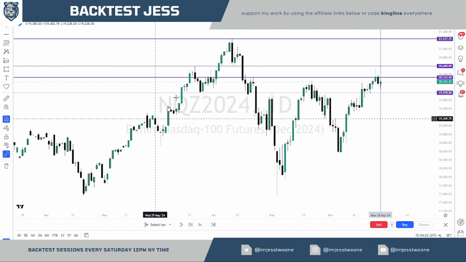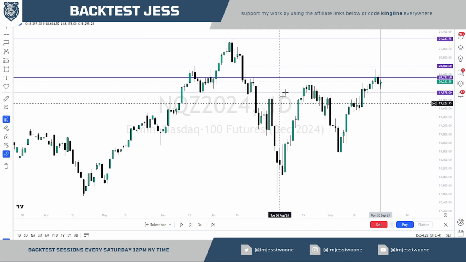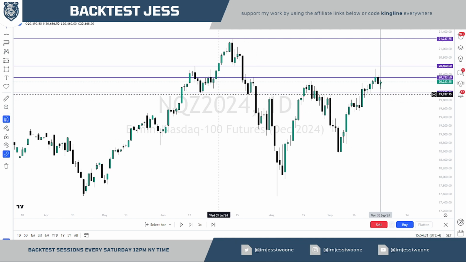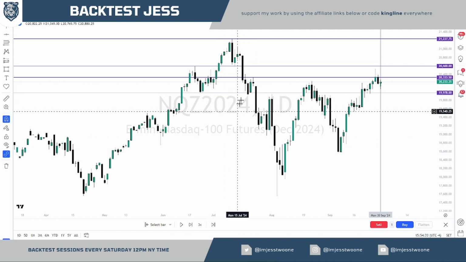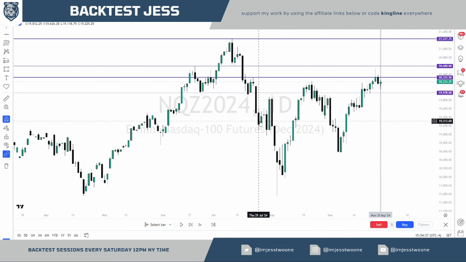As you do this and you start to put a bunch of lines on your charts, you basically get a bunch of levels that price can react around, right? And then I know everyone's like, oh, if you put a bunch of lines on your chart, it's bound to hit one of them. Yeah, I get that.